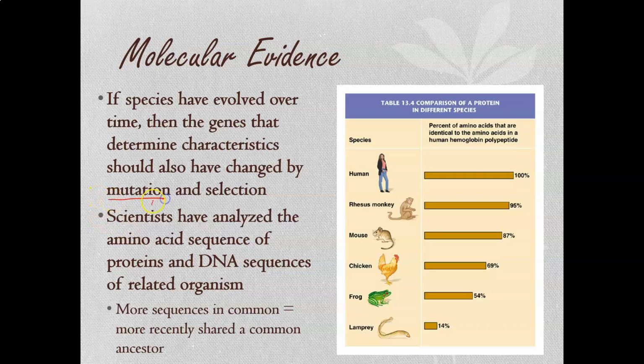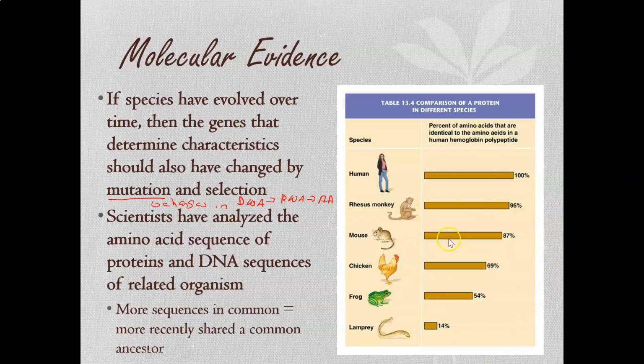These are changes in DNA, which will cause changes in your RNA, which will cause changes potentially in your amino acid sequence, I can then look at how those species evolve over time based on the changes to a particular trait that they share. So that's what we're looking at over here.